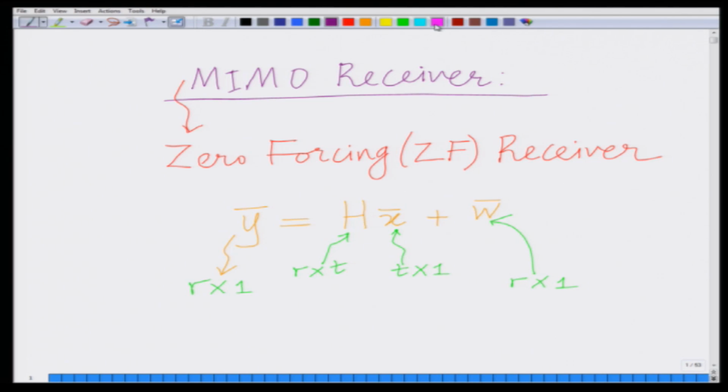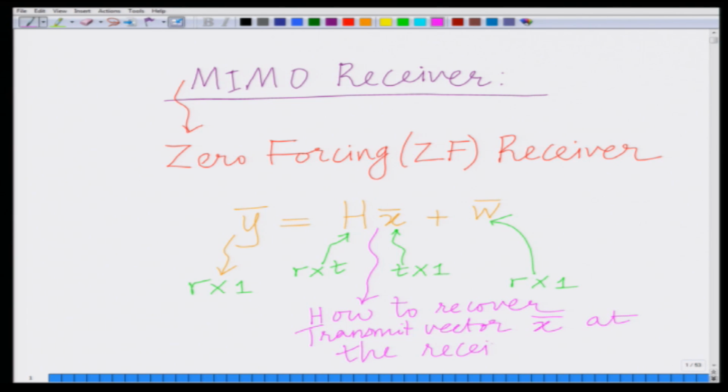So the question we want to ask is how to recover the transmitted symbols, how to recover the transmit vector x bar at the receiver, from y bar.